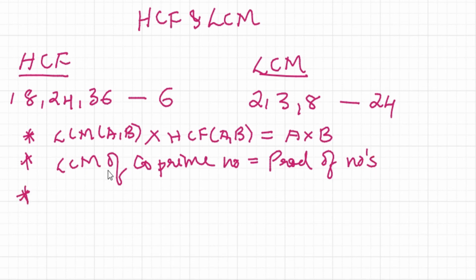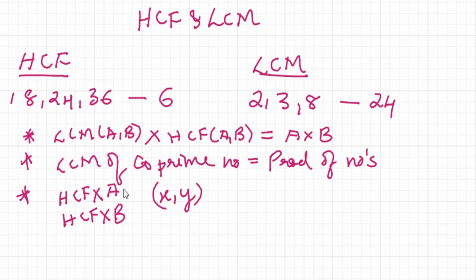Now moving on to the third property. The third property, or the point to be considered, is that if the HCF of two numbers is given, then those particular numbers can be assumed as HCF into some A and HCF into some B. That is, suppose that we have two numbers x and y, then those particular numbers will be HCF into A and HCF into B. Like that we can find out the numbers.